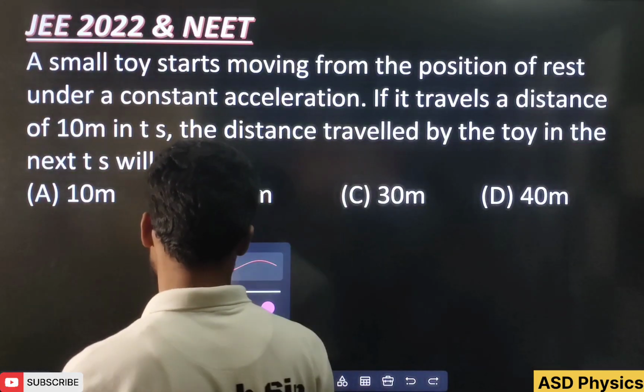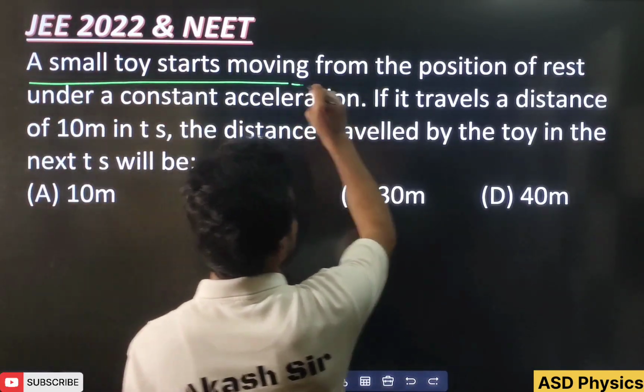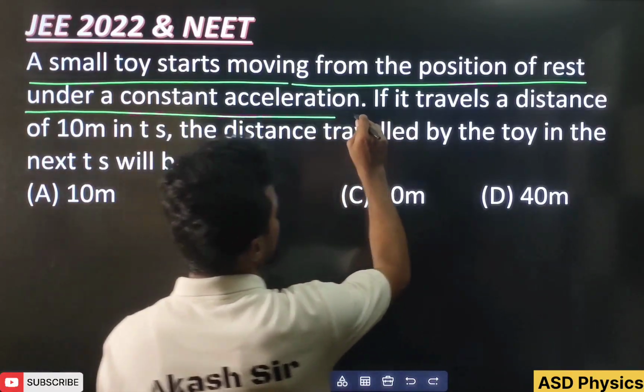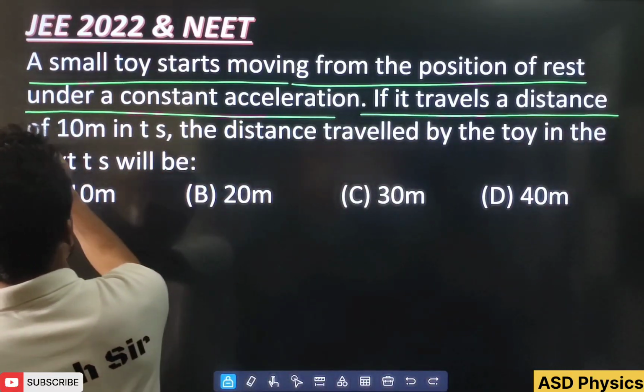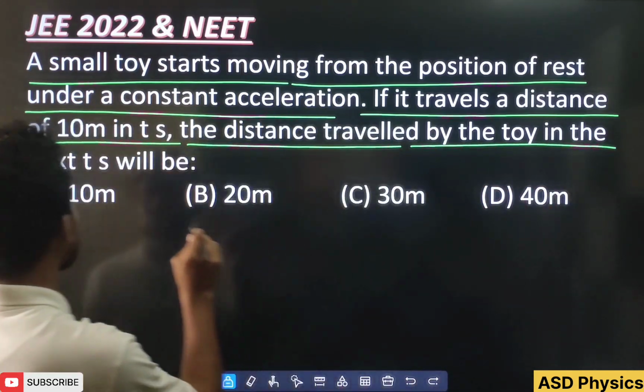Now the second last question. The question is, a small toy starts moving from the position of rest under a constant acceleration. If it travels a distance of 10 meter in t seconds, what is the distance traveled by the toy in the next t seconds?